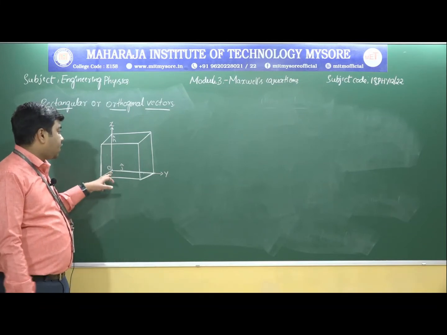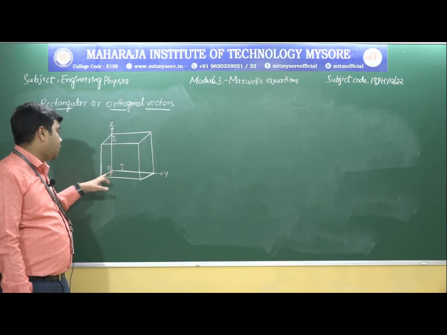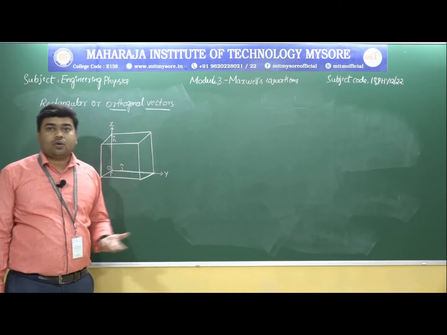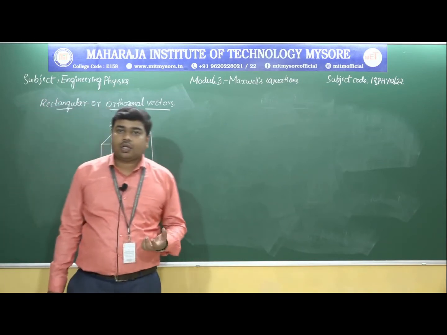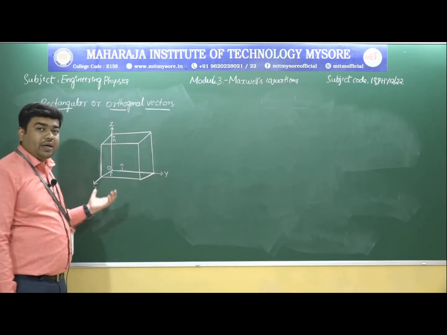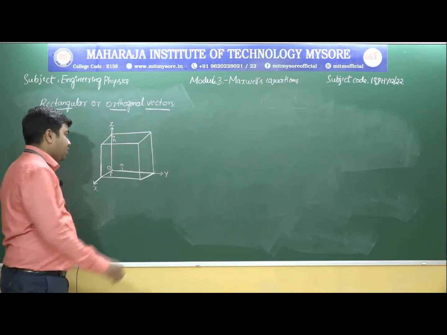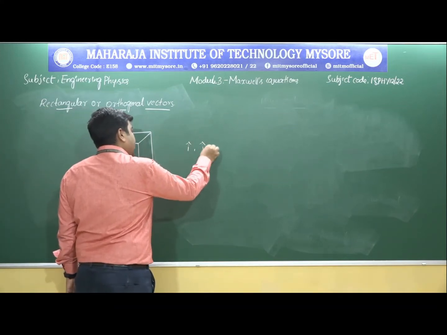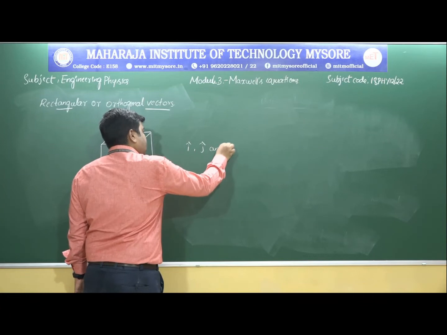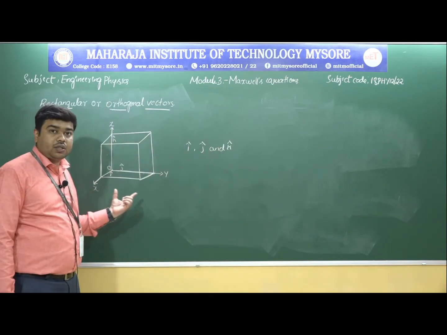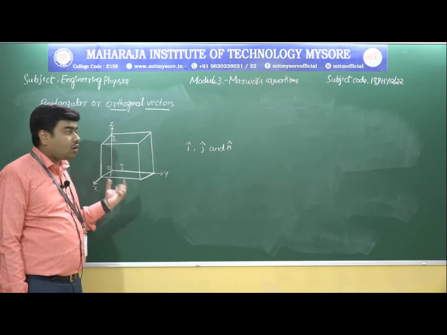It has magnitude along the x axis, the y axis, as well as the z axis. The unit vectors along the x, y and z axes are represented as i cap, j cap and k cap. The rectangular system shown in this figure is called a right-handed rectangular system.